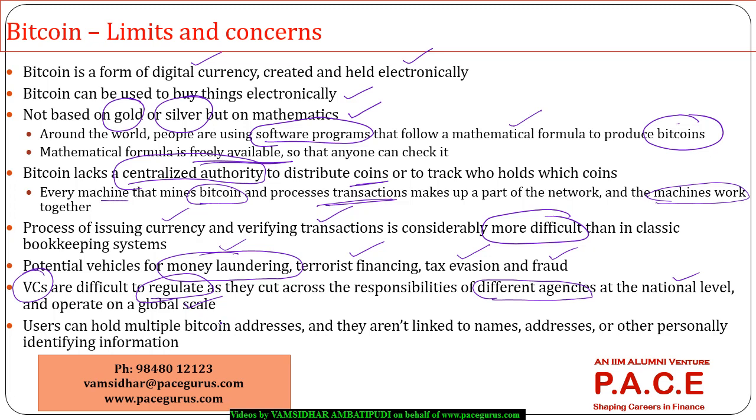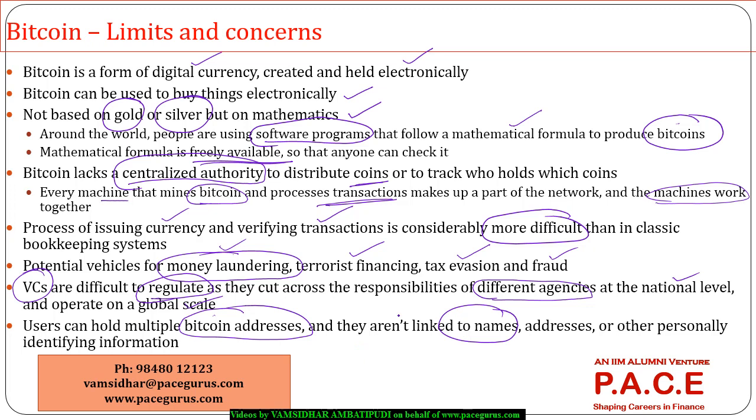Another drawback, if you see, is that users can hold multiple Bitcoin addresses, right? Because it's purely based on the machines and the address of the machine. So they are not linked to names, and who is holding what is simply not known.